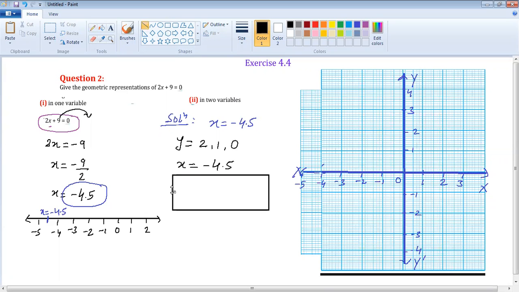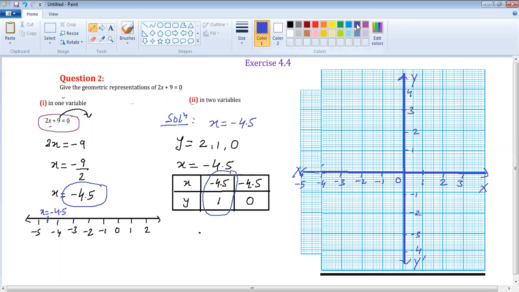We need to write two values of x as well as y. So we have x is always minus 4.5. So we first write the value of x, and whatever value you like in y. So x is minus 4.5 at the point where the value of y is 1.